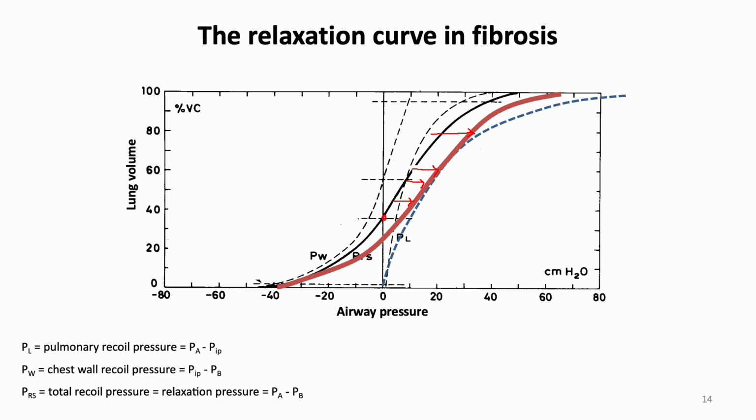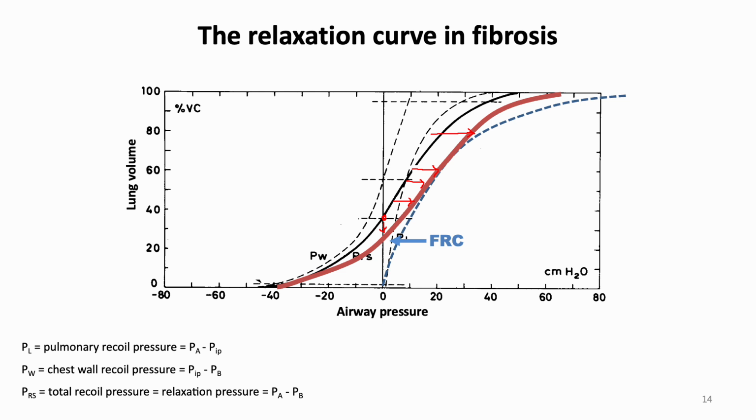without any change in pulmonary compliance. It shifts downwards by the reduction in pulmonary compliance, which is pathognomonic for any restrictive lung disease, really, including pulmonary fibrosis.